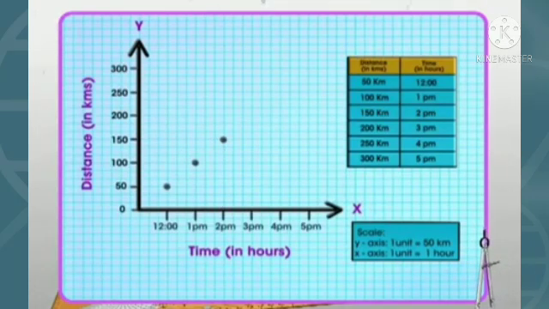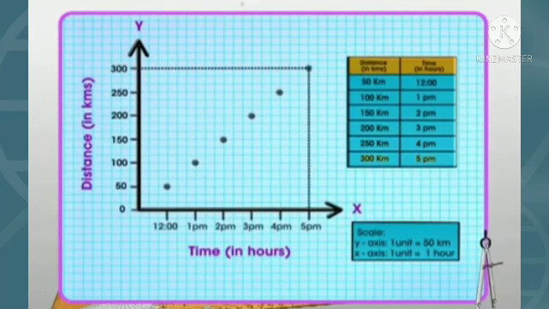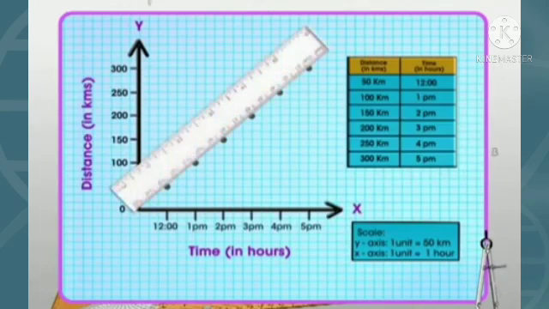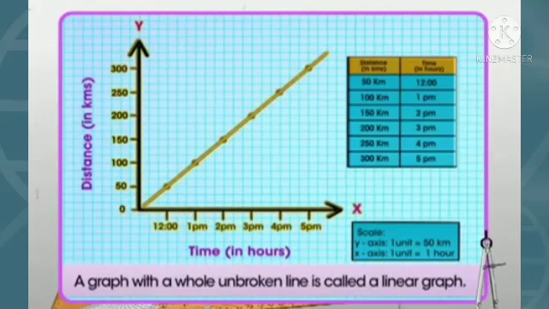And fourth dot for 3 p.m. and 200 kilometers. Now join all these dots with the help of a ruler. Extend the straight line to the back, right till the origin. Such an unbroken straight line graph is called a linear graph.